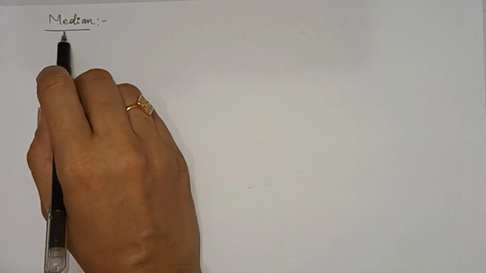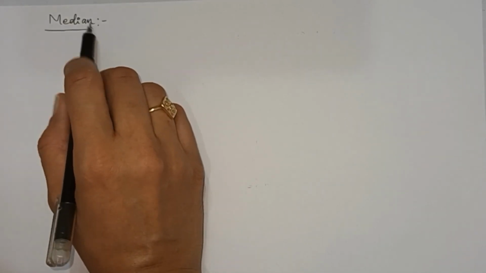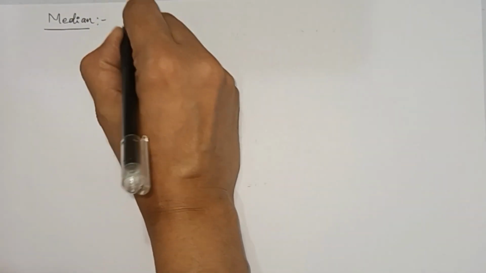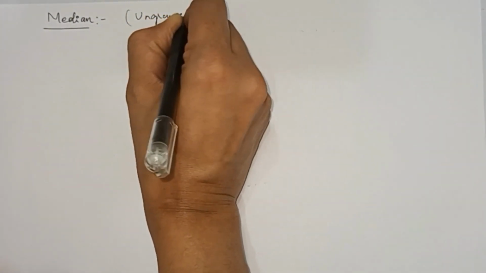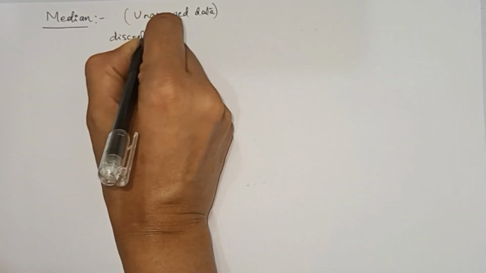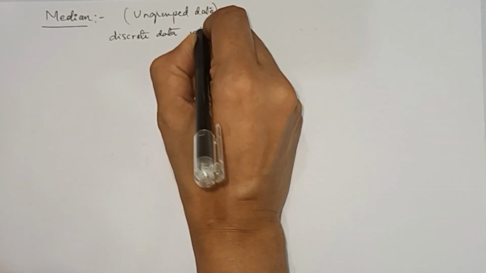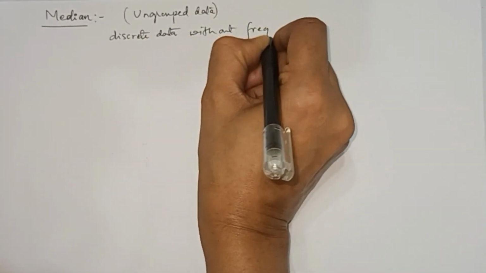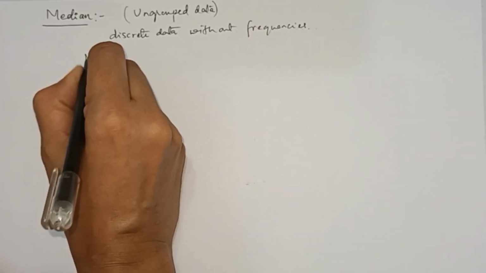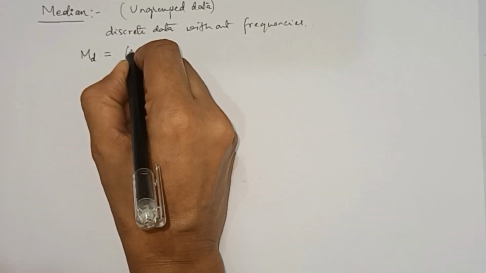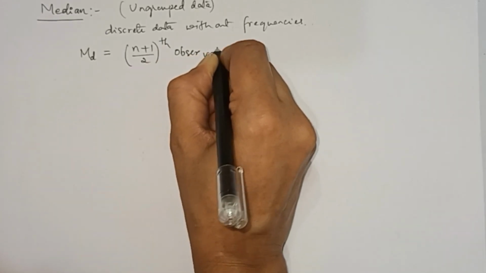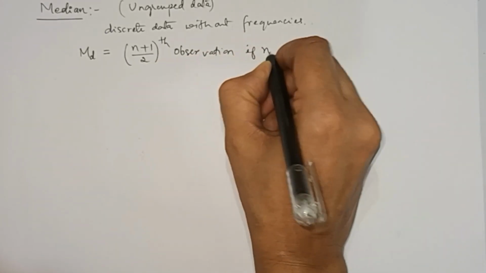Now, another measure of central tendency is median. Let us see how to find median for ungrouped data and for grouped data. First, ungrouped data without frequencies, that is discrete data without frequencies. Here the formula is: median equal to the (n plus 1) by 2th observation if n is odd.